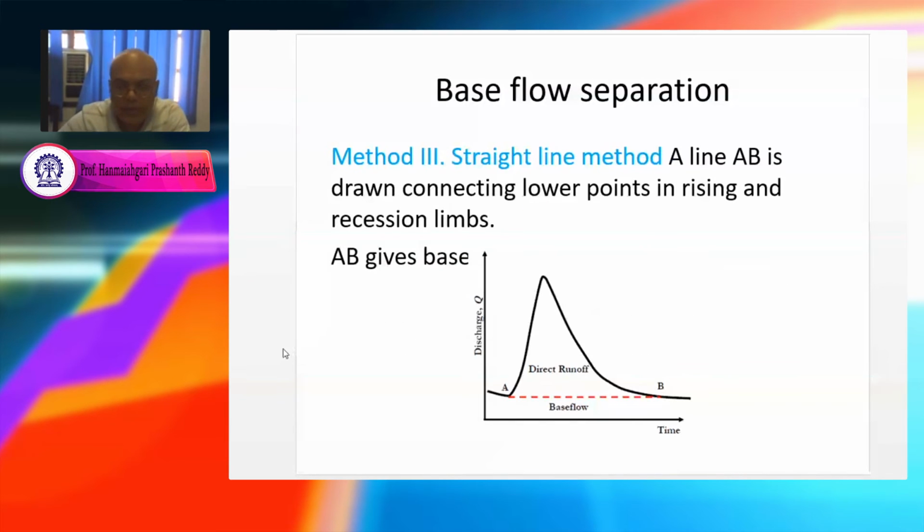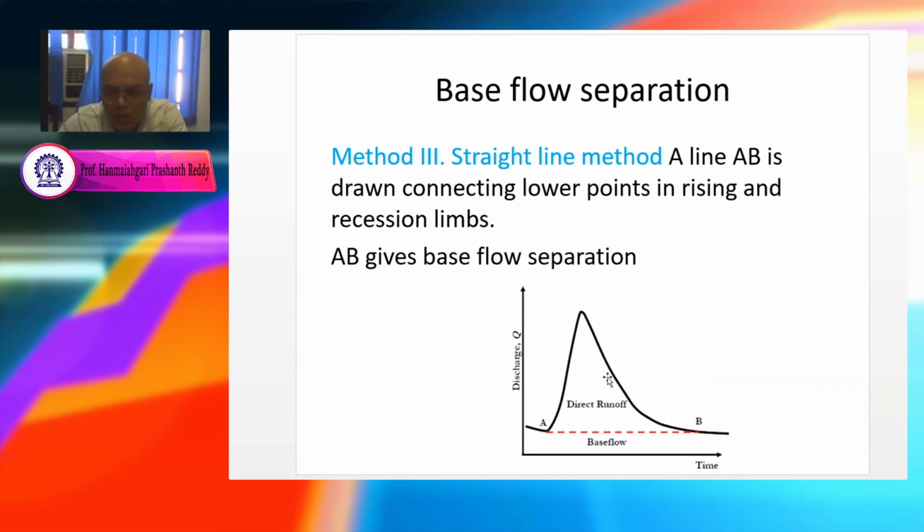So the next method is the straight line method. In the straight line method, you see the hydrograph where B is the end of the recession limb, that is, at B the rainfall water ceases to add to the flood hydrograph.